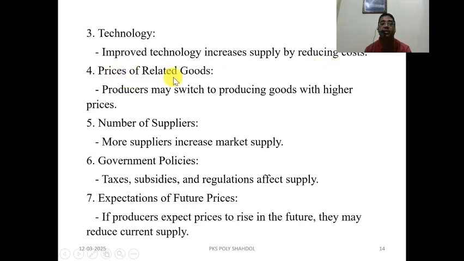Fourth, price of related goods: producers may switch to producing goods with higher prices. Number of suppliers: more suppliers increase market supply. Sixth, government policies: taxes, subsidies, and regulations affect supply. Expectation of future prices: if producers expect prices to rise in the future, they may reduce current supply, meaning a tendency toward hoarding.